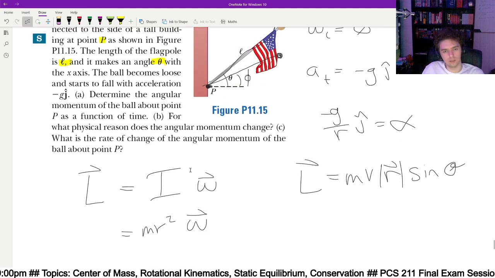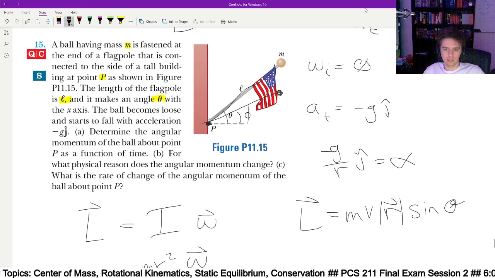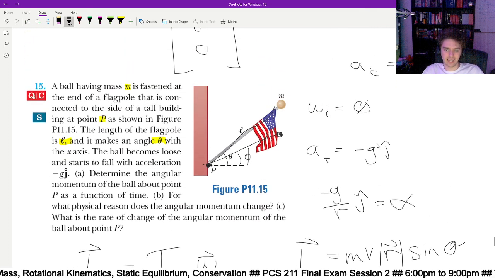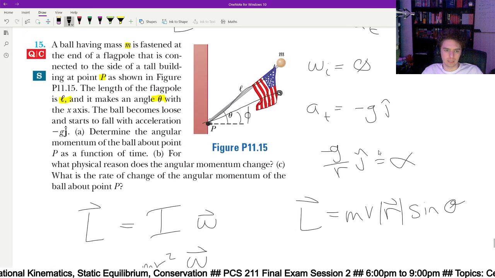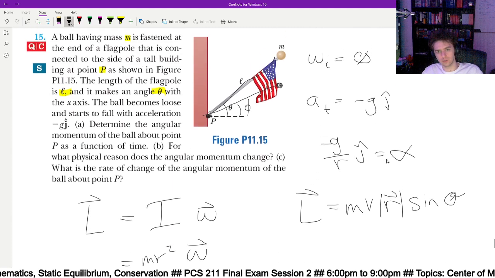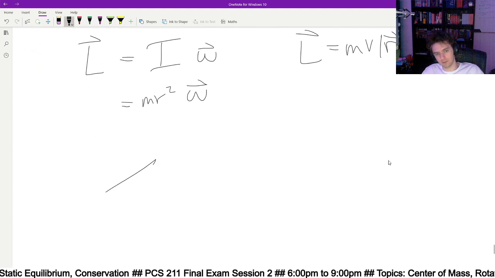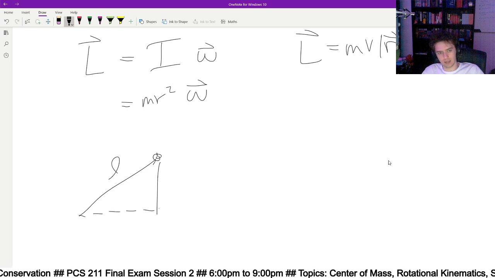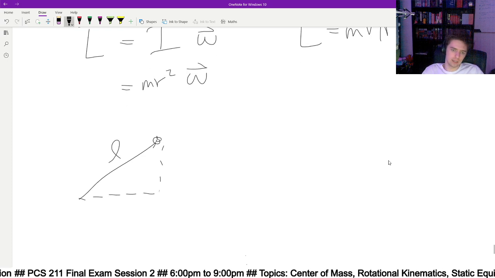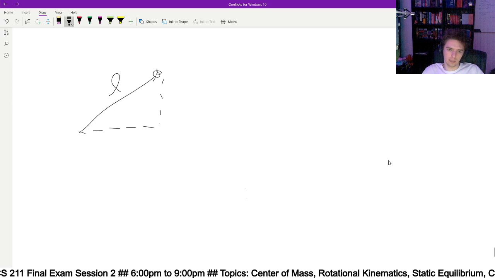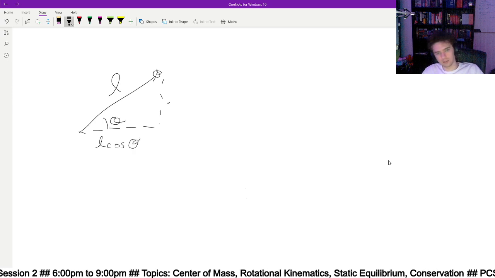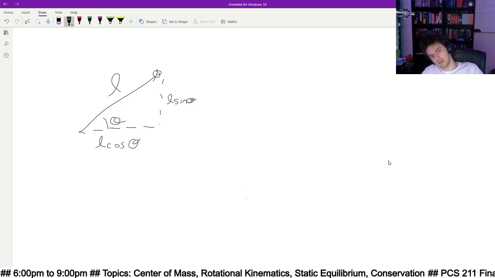So, first of all, get the position R as a function of theta. So if we have a flagpole like this, and we know that's L, then this is going to be L cos theta, and this is going to be L sine theta.